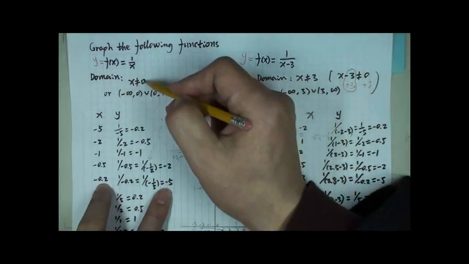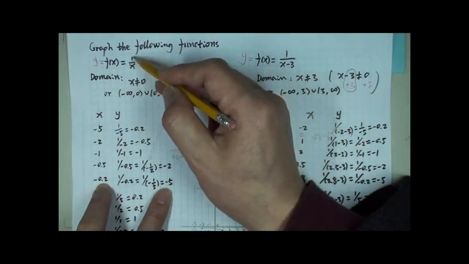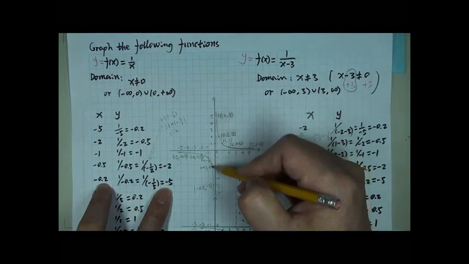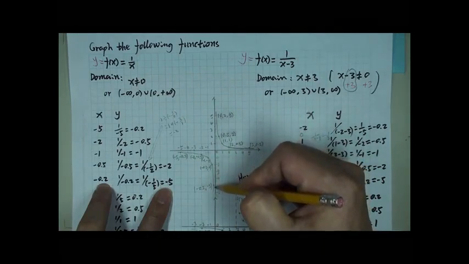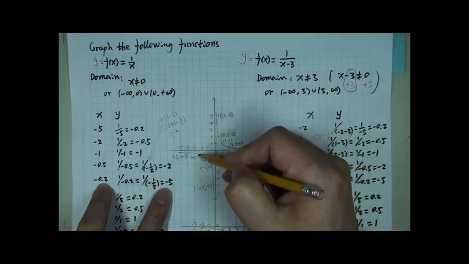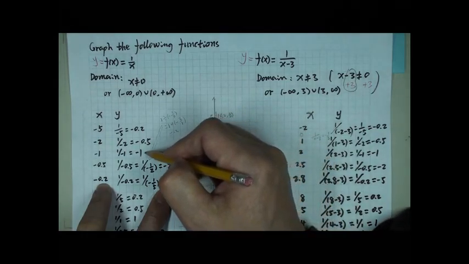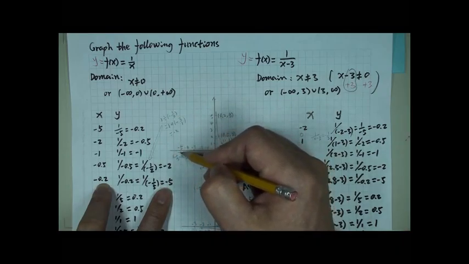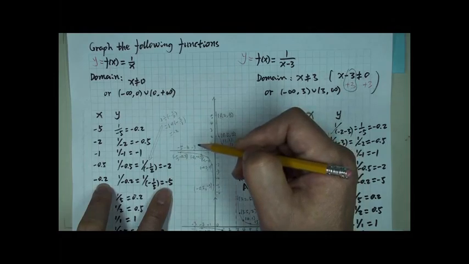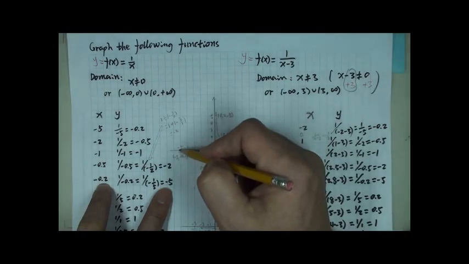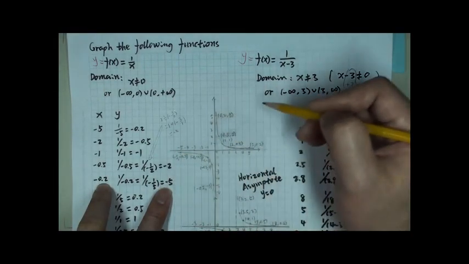Then you have the left-hand side. Remember, x cannot be 0. If you plug it in, it does not make sense. So this line can be very close to the y-axis, but never touch the y-axis. In this direction, if you go to negative infinity, this line can be very close to the x-axis, but never touch the x-axis. Basically, for the range, y also cannot be 0.